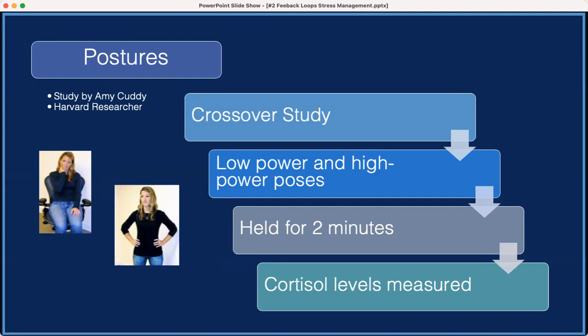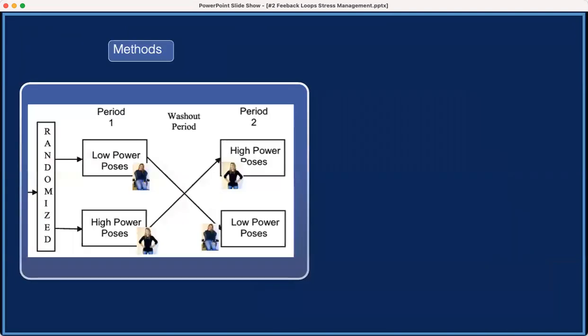Each of these poses is held for 2 minutes. After each pose, cortisol levels are measured, and she did this using saliva. So this is what the methods of a crossover study look like. In the first period, you do a low power pose, then you have a washout period, you wait, and then the second time you do a high power pose.